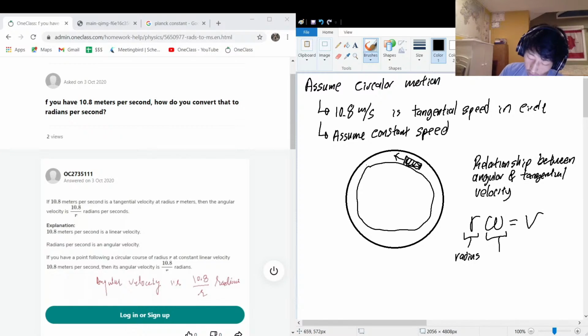This is angular velocity. It's not a w, it's omega. That is very important. If you call that a w, you take the L. That's not a w, that's omega. This is the angular velocity. And this is linear velocity, or tangential speed. Tangential velocity.